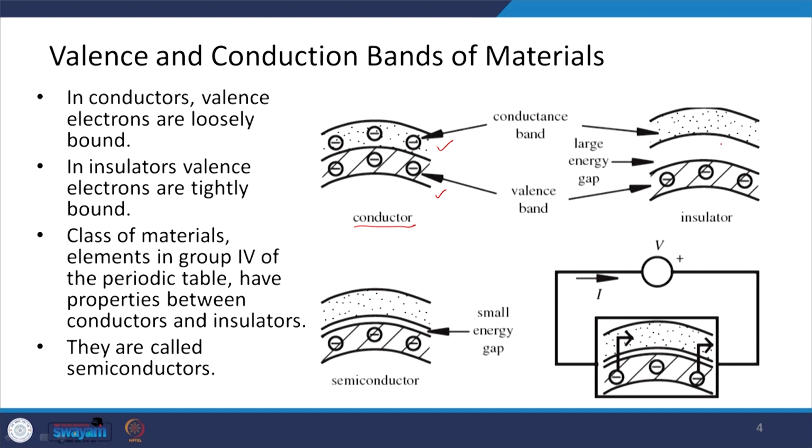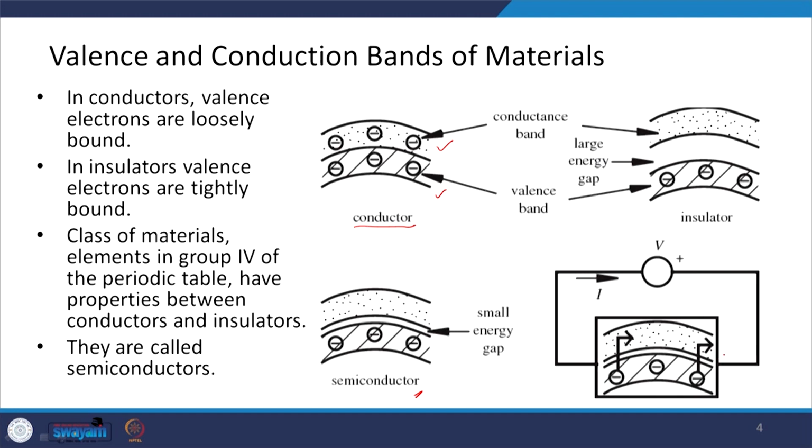There are materials which are in between the conductor and insulator, and that is what we call semiconductor materials. In the case of semiconductor materials, there is a small energy gap between the conduction and the valence band, and this figure illustrates what happens when a voltage is applied.